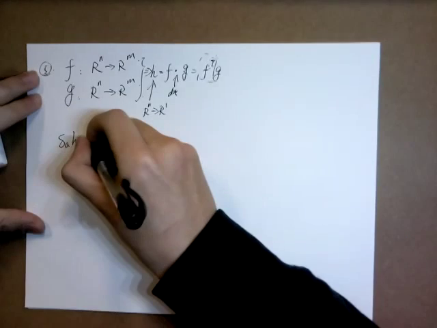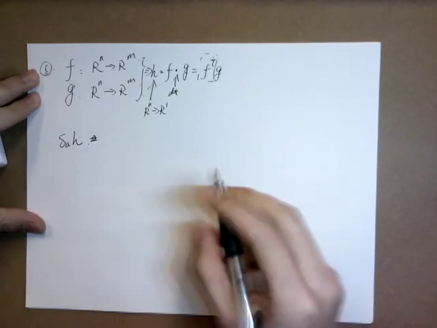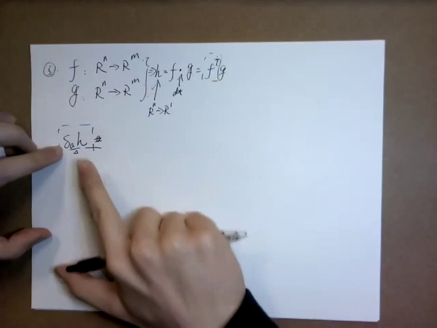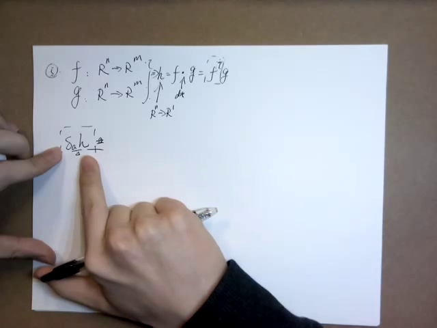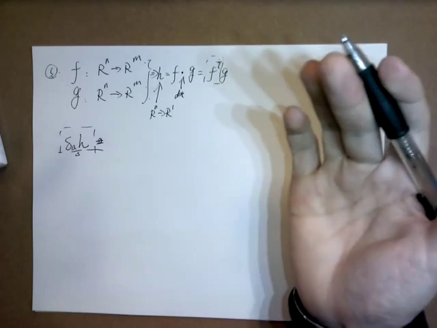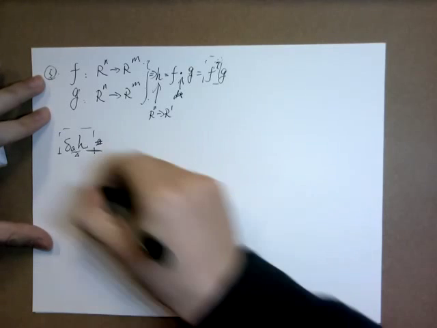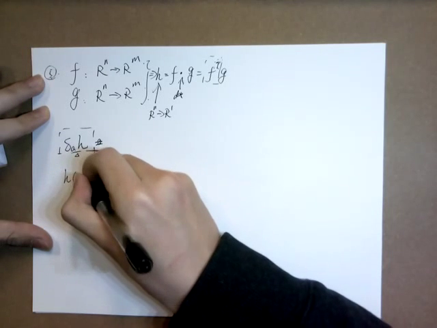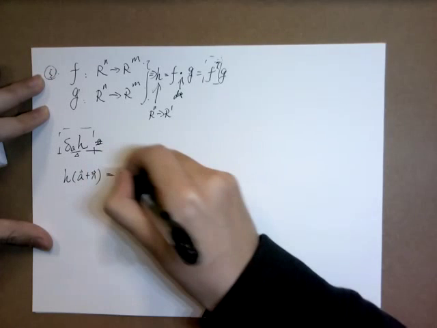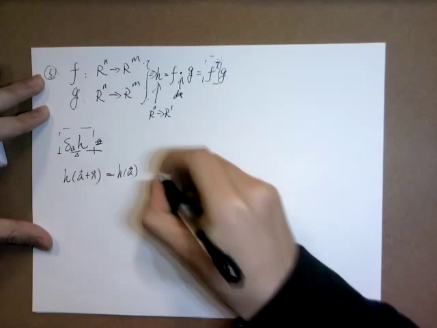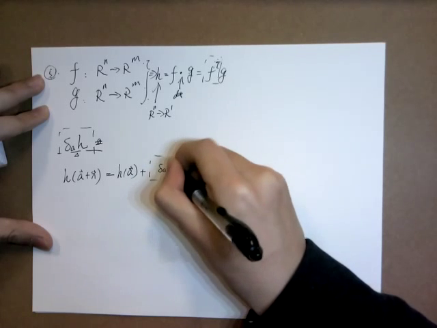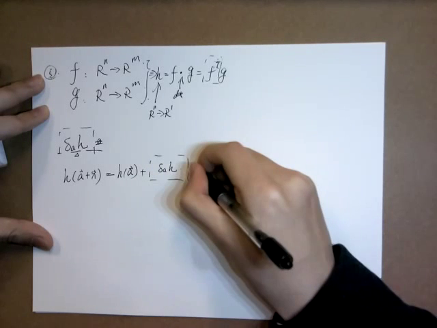Okay. But we know that this thing is the gradient of function h near point A. It's the best linear approximation of h near A. So if I have h of a plus x, I can write it as h of a plus my total derivative multiplied by x.